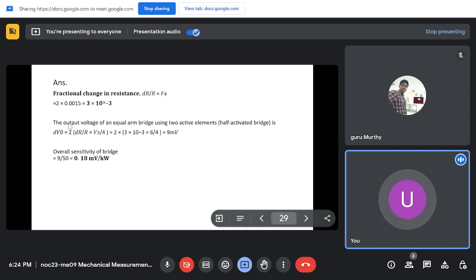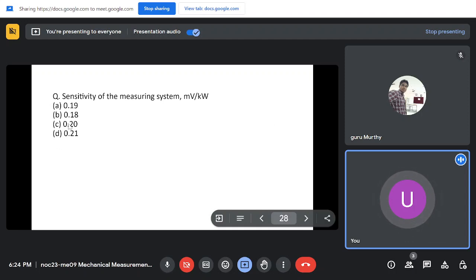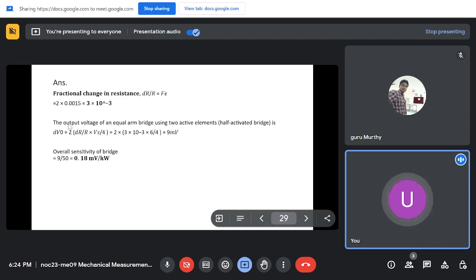The next part is to find out the sensitivity of the measuring system. In this case, for the output voltage of an equal arm bridge used as a half active bridge, we know that the change in voltage is 2 times dR by R into the supply voltage by 4.